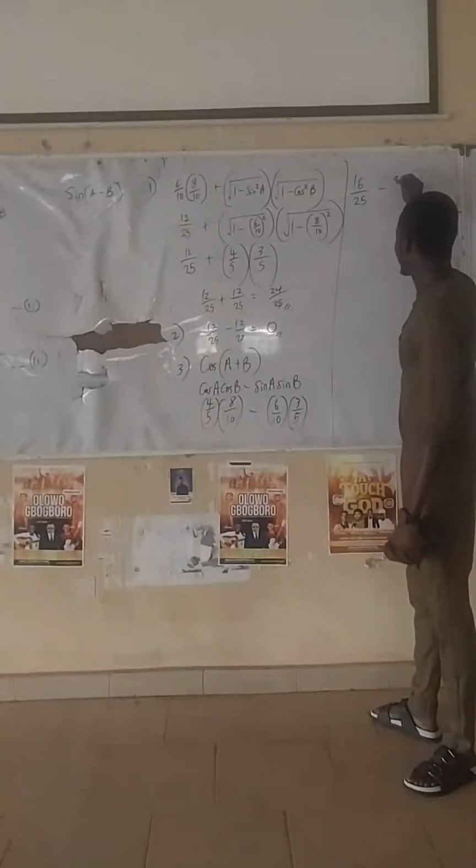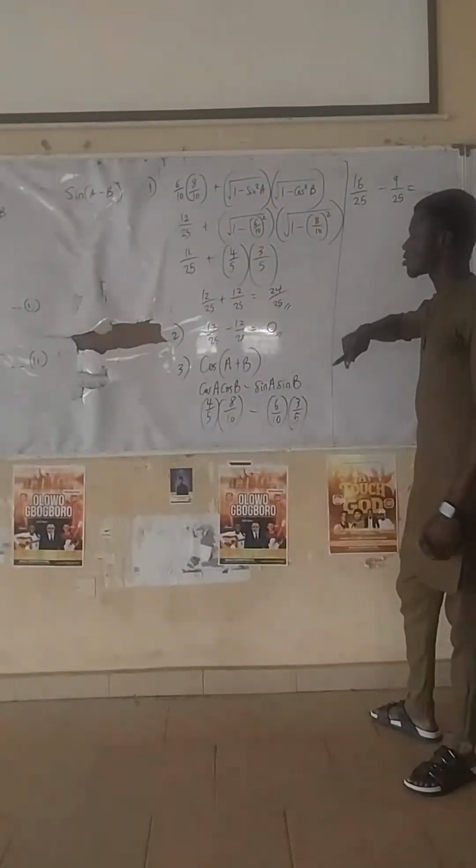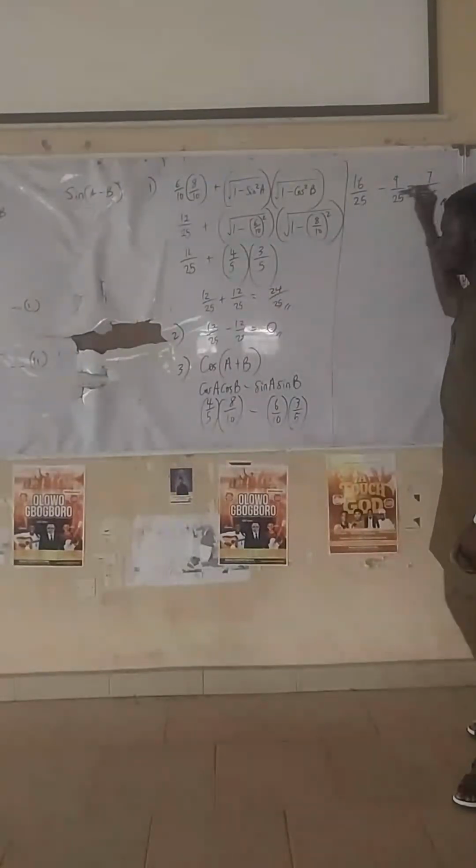That gives us 9/25. If we subtract, this will give us 7/25. That's for number 3.